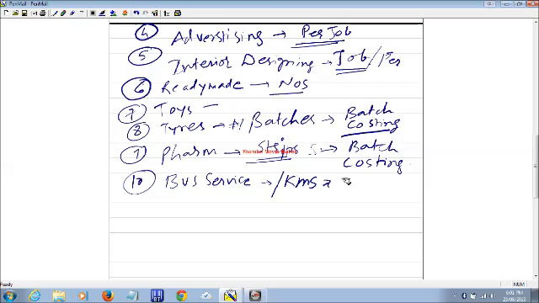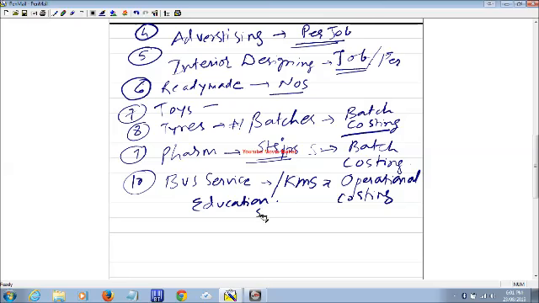These people charge as per the kilometers. So this is nothing but operational costing.